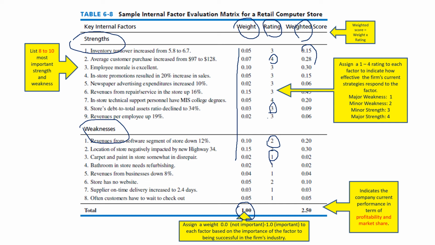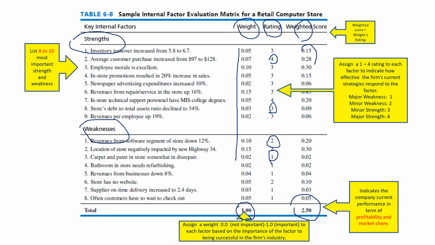So from this matrix, how do we interpret the internal position of the company? You need to focus on this total weighted score column, which, as I've mentioned, can range from 1.0 to 4.0 with the average score of 2.5.